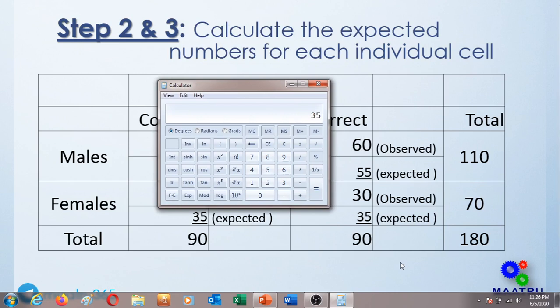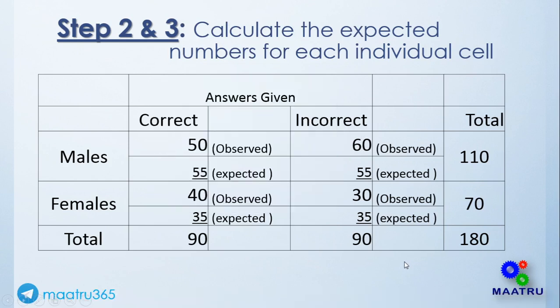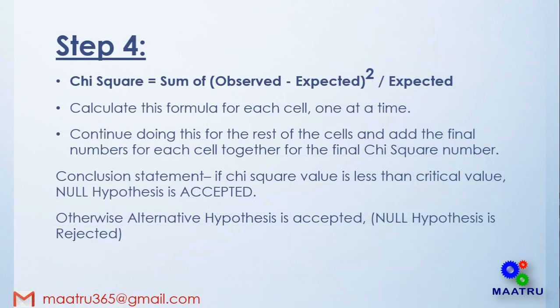Now next. Step number 4. Calculate the chi-square number using the formula: sum of, in brackets, observed minus expected, squared, divided by expected.